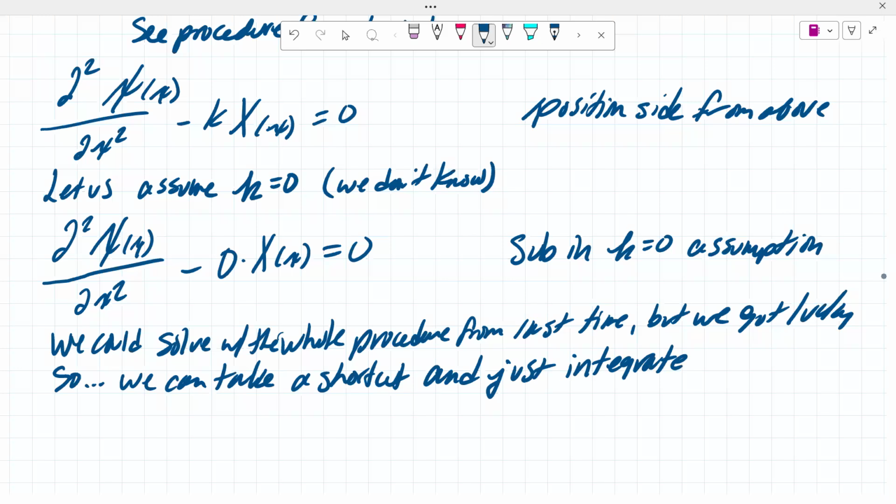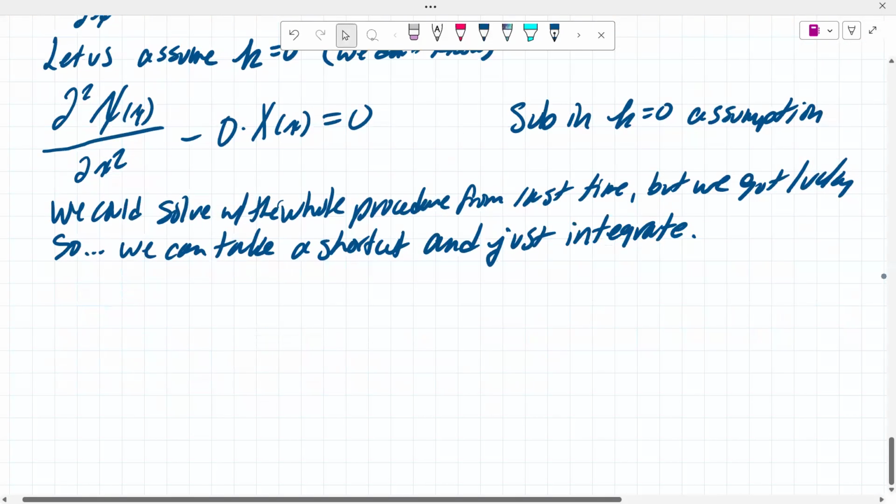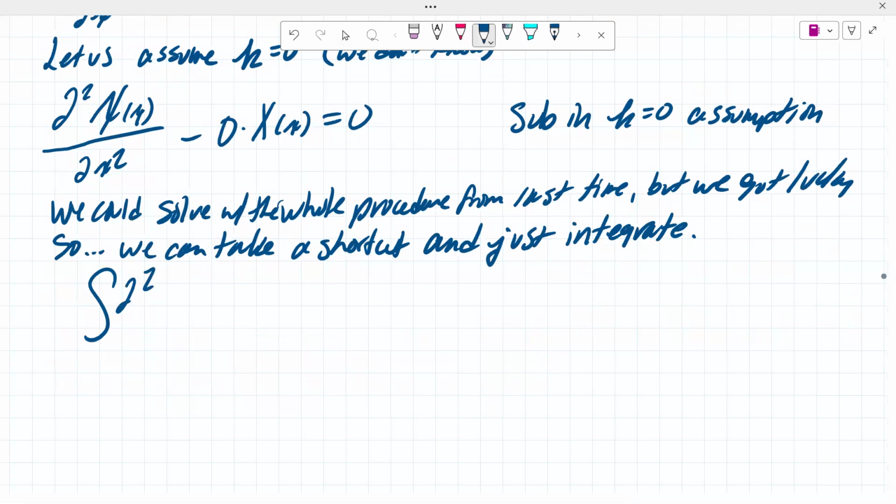You're welcome to solve it the long way if you prefer. So what I'm going to do is integrate d squared X of x over dx squared equals 0. This all cancels out, should be fairly obvious at this point.